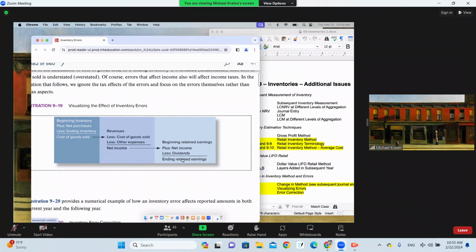If I screwed up the debit to cost of goods sold expense 2 years ago, do I correct the account called cost of goods sold expense today? No, because cost of goods sold expense 2 years ago was basically swept into net income, which then got swept into or closed into retained earnings 2 years ago.